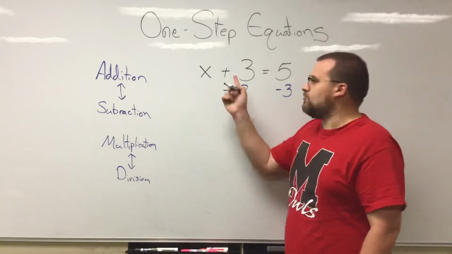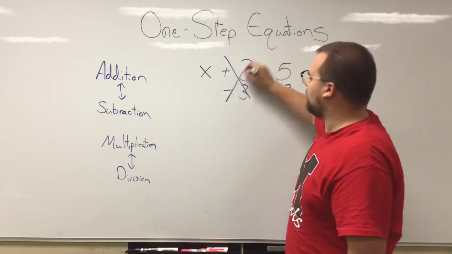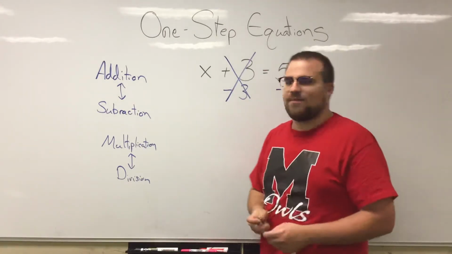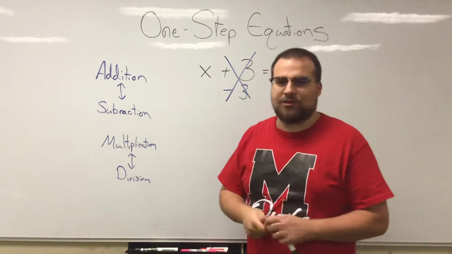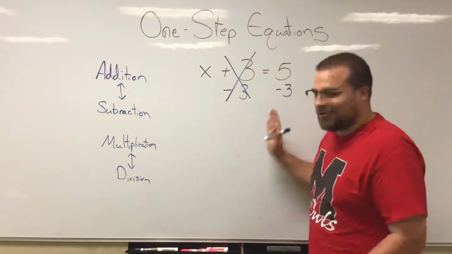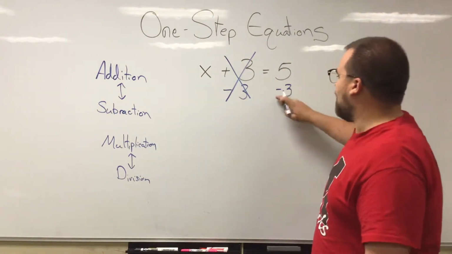Now, whenever I do that inverse operation, these numbers cancel out. They go away because we're adding something and we're taking away the same thing. Plus 3 minus 3, they're opposites, gone. Over here, that's not always going to be quite so simple though. 5 minus 3, right?